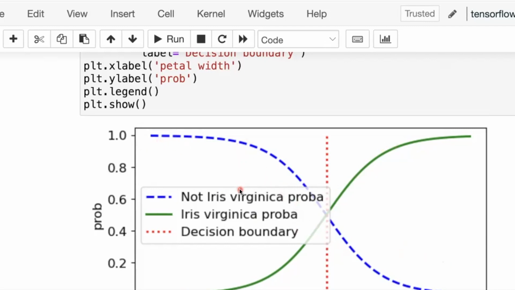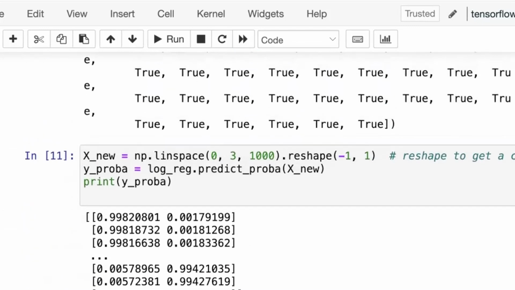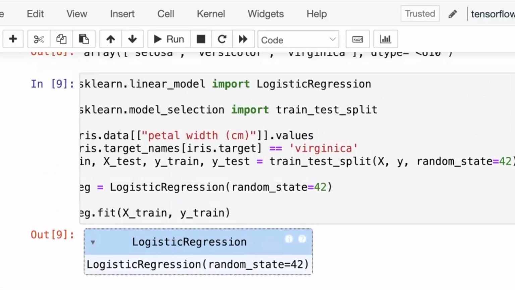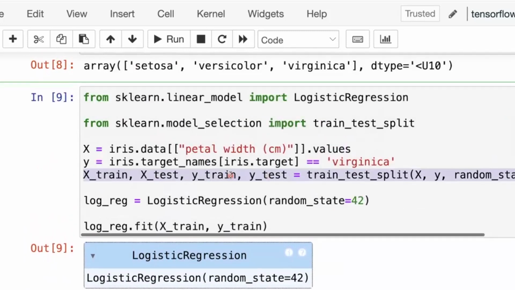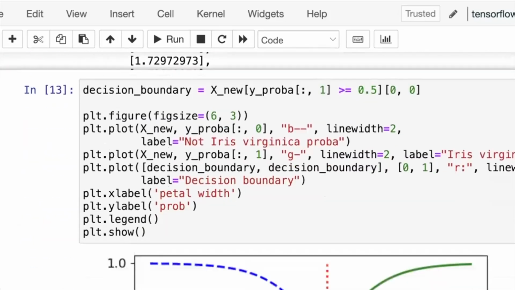That's why, when we have binary classification, the sum of probabilities must equal 1. But here we do actually have some test data points that we set aside. You can see that we can pass this X test to the model that we trained and compare the labels that we know, given in Y test, to what our model predicts.